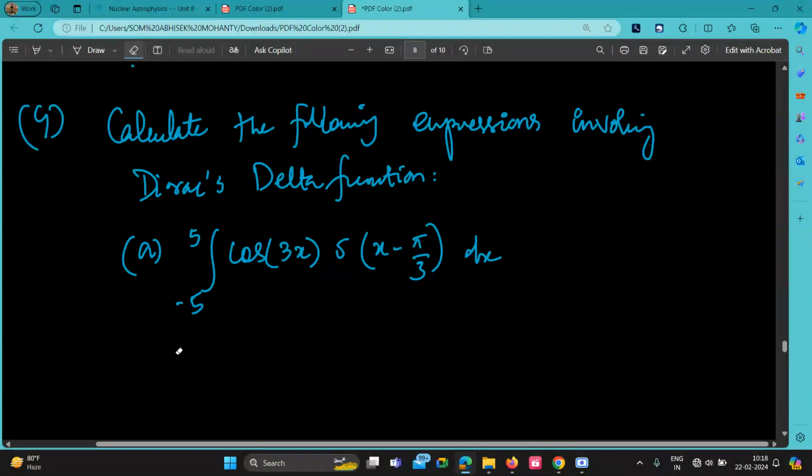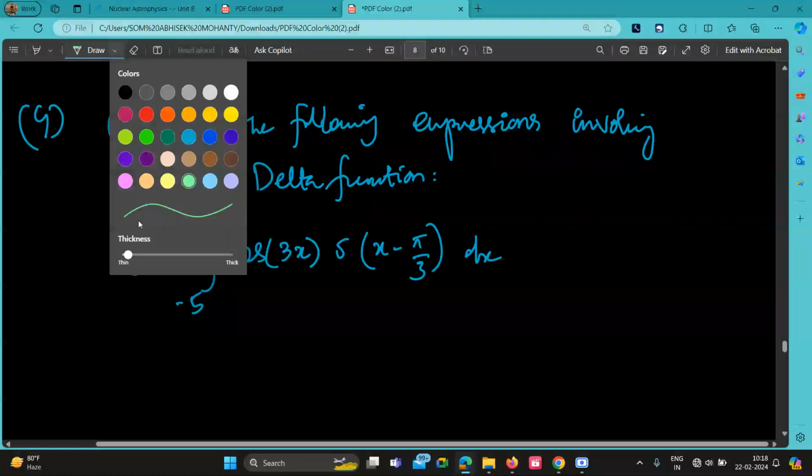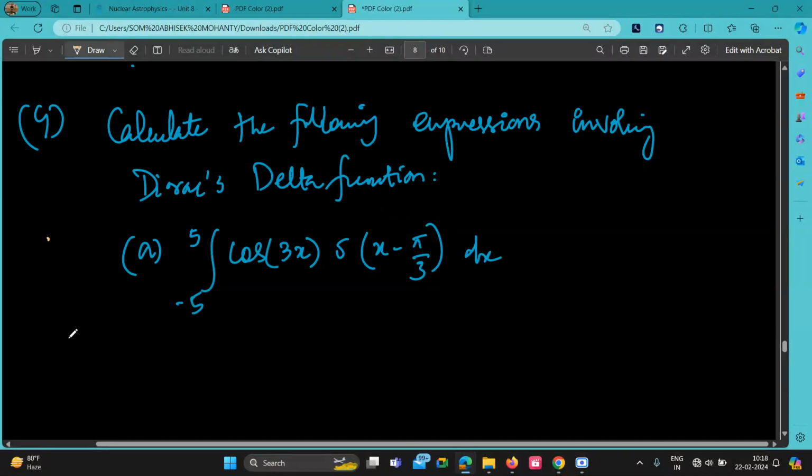First do this question. Solve it. Calculate the following expression involving Dirac delta function. So we have to solve the Dirac delta function here.